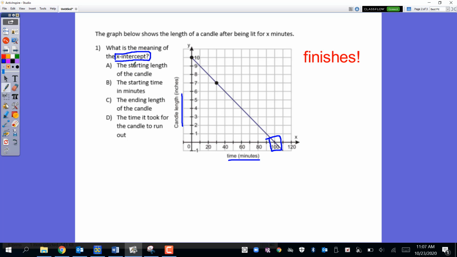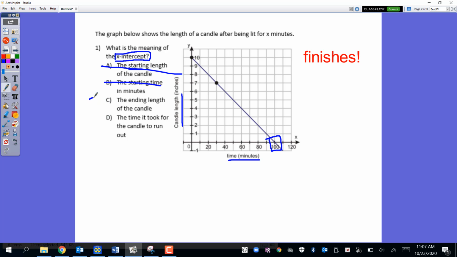So, letter A says starting. That is not another word for finish, so it's definitely not A. B is also talking about starting, so we know automatically that's not right. Letter C is talking about ending, so it could be this one. But this said the ending length of the candle. Well, we know the end length of the candle is going to be 0.